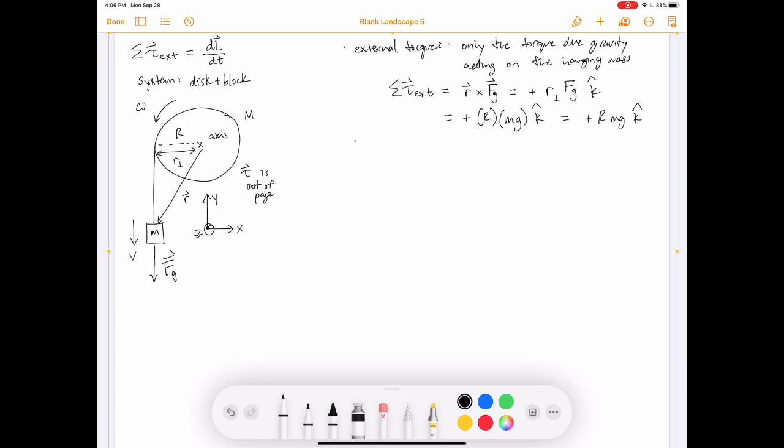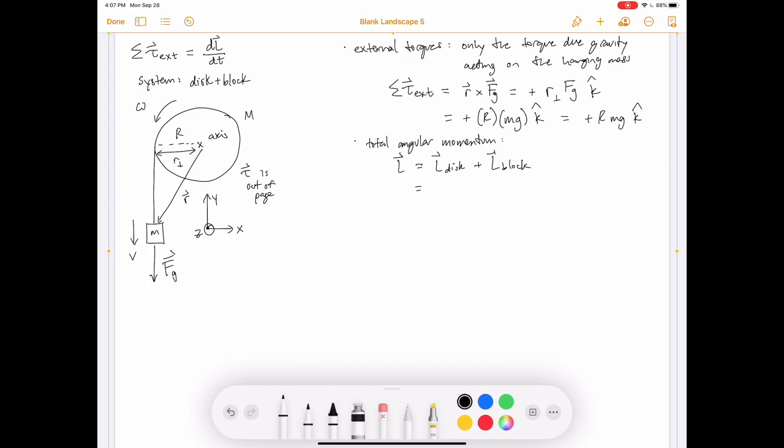Okay, next, let's think about the total angular momentum of the system. Well, in this case, we have two parts. We have the angular momentum of the disk and the angular momentum of the block. We need to account for both parts.